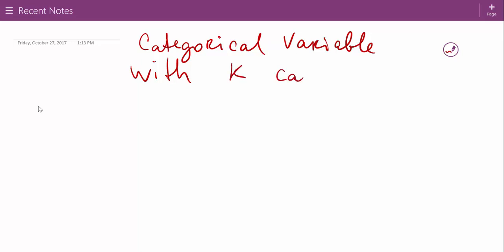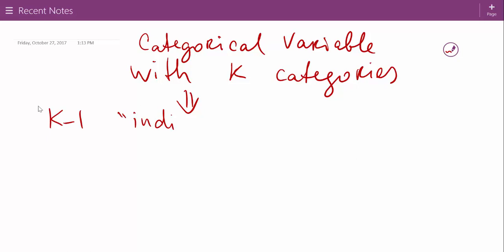K categories. Then I'm going to need K minus 1 dummy variables to represent that. So that requires from me K minus 1, let's call it indicator variables.